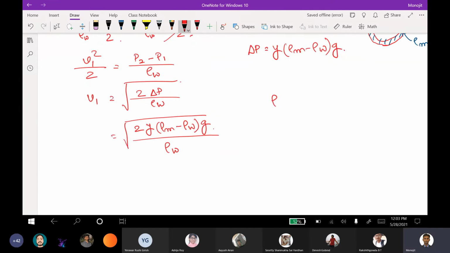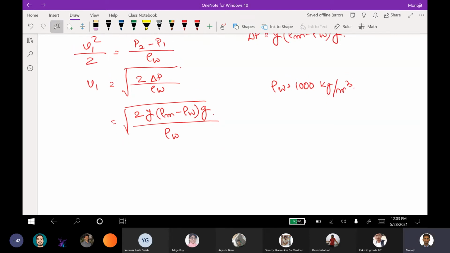Let's take the rho of water to be 1000, and the specific gravity of the manometric fluid, let's take it to be S.